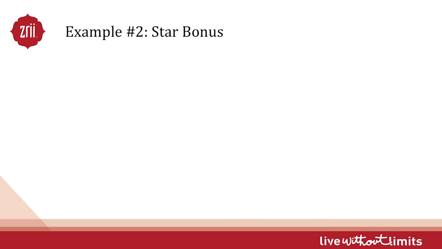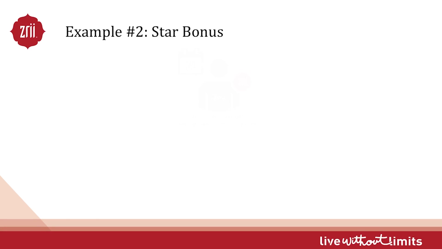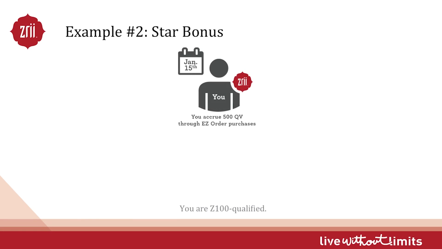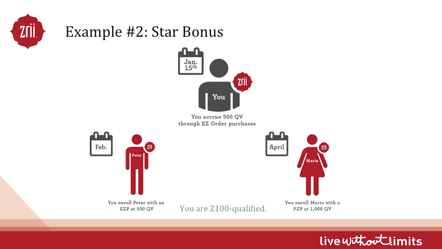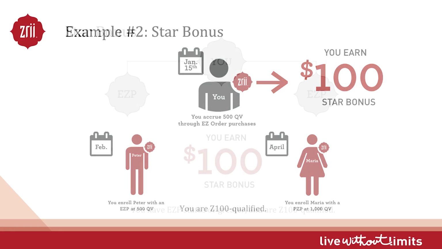For another example, let's say you enroll at the basic level on January 1st, and you place an additional personal product order on January 15th, bringing your total personal QV to 500 within your first 28 days as a Zrii independent executive. You now have EZP status and you're also Z100 qualified. In February, you personally enroll Peter with an EZP carrying 500 QV, and in April you enroll Maria with a PZP carrying 1,000 QV. You just qualified for the $100 Star Bonus.